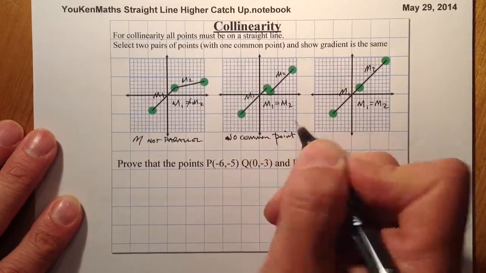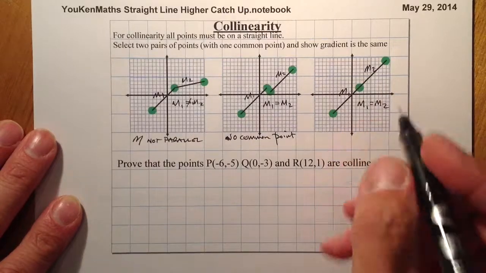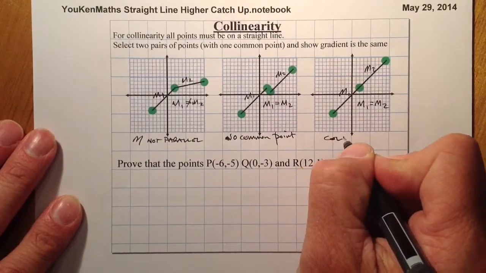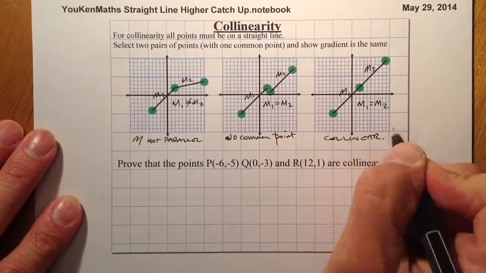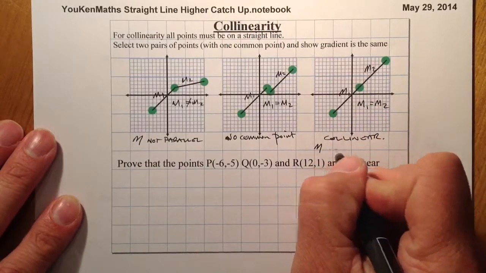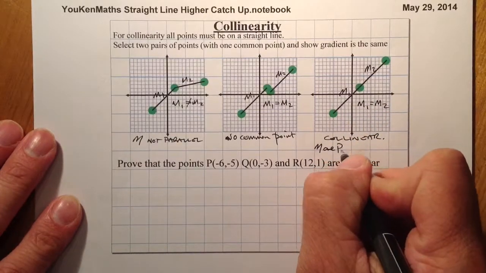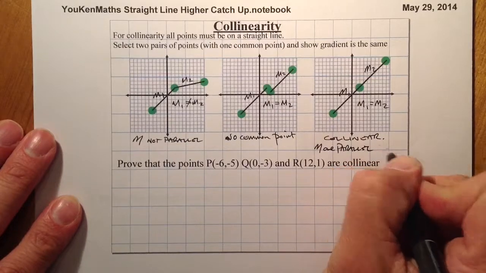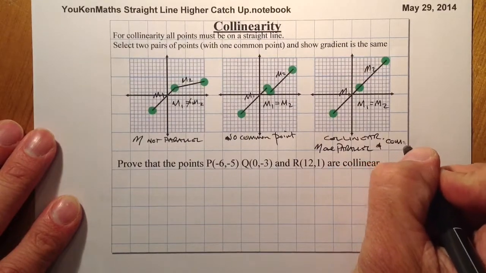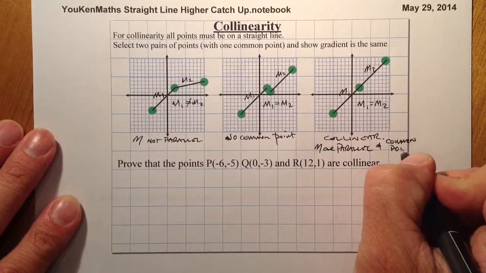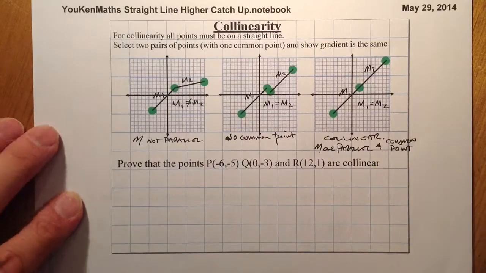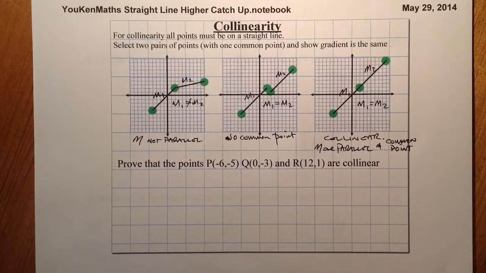So here we don't have collinearity either. So this one here is collinear. They're parallel, gradients are parallel, and what I've got is a common point. And that's really what I'm looking at as I go through and try and prove that points are collinear.